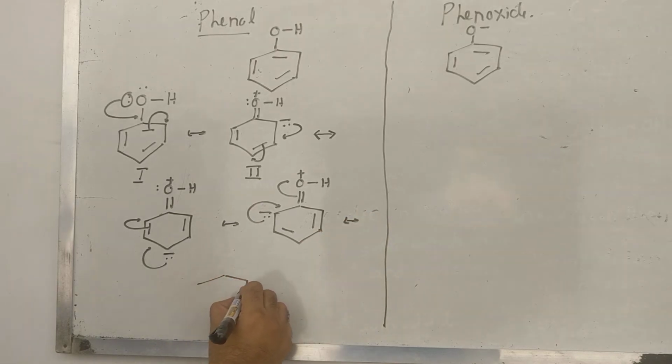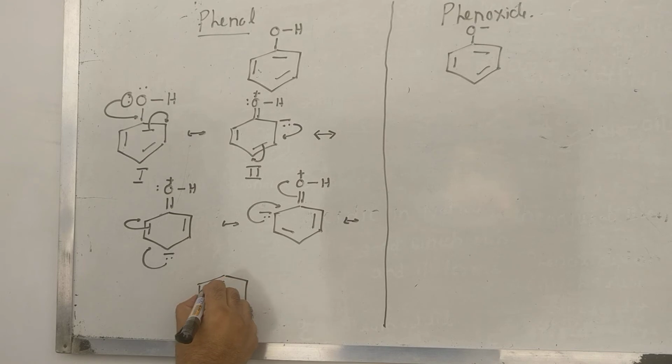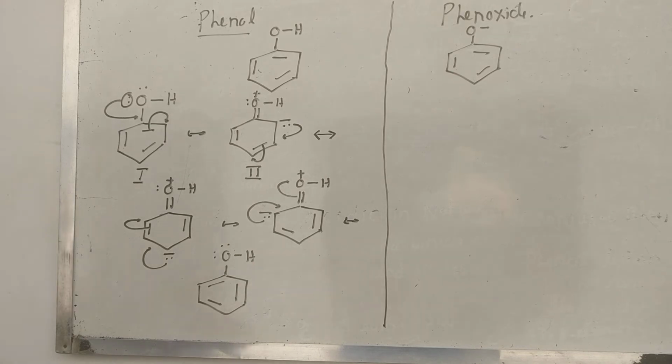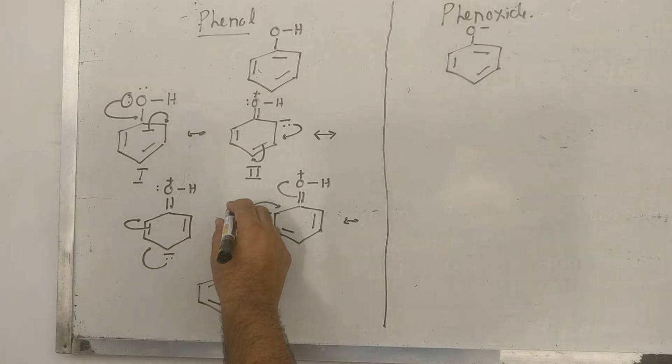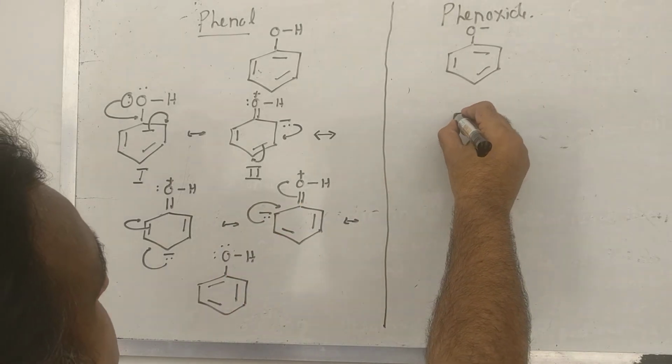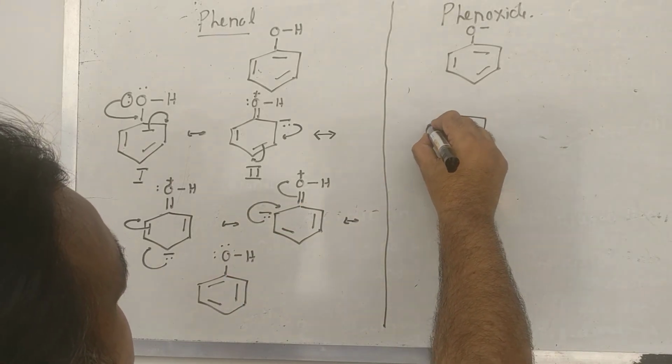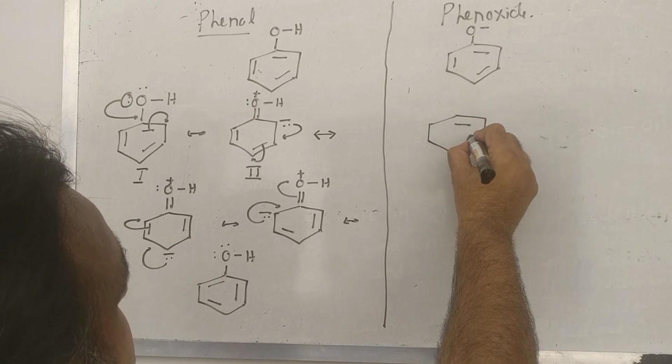Only in the first structure and the last structure we don't have any charge separation. Otherwise we have a charge separation. So why is phenol less resonance stabilized? The reason is that most of its resonating structures have the charge separation, so they are less stable. Now this one is more stable, so definitely this will convert into something which is more stable.